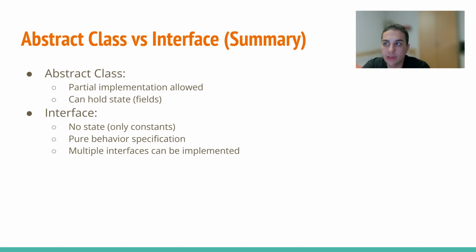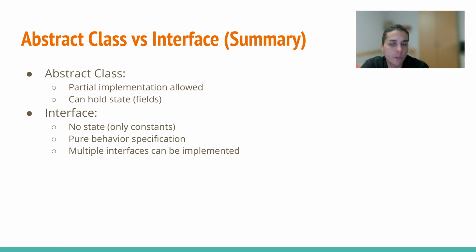Both abstract classes and interfaces allow you to define abstract methods that must be implemented by subclasses. Use an abstract class when you have a base class that should carry some default behavior or state. And use interfaces to define roles or capabilities that can cut across different class hierarchies. In the early Java versions, interfaces were the only way.